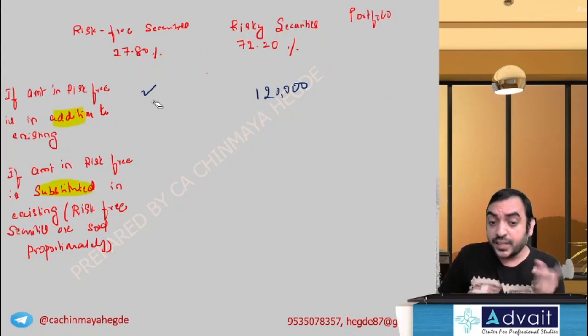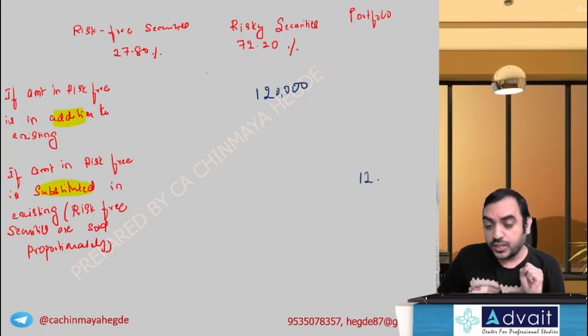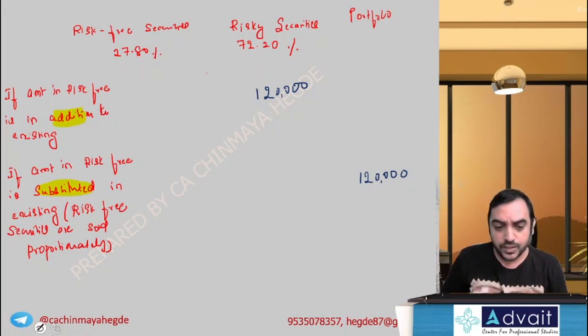But in the second interpretation, if the amount in risk-free security is going to substitute, then the total amount will not change. The total amount is going to be 1,20,000. Now, how do we calculate the remaining amount? Just the cross multiplication method, because the total should be 100%.